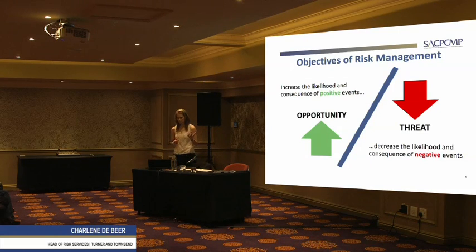An opportunity leans toward a positive event, whereas a threat leans towards a negative event. And if we assess risks, so risk consists of opportunities and threats, then what we would do is try to increase the likelihood and the consequence of an opportunity.